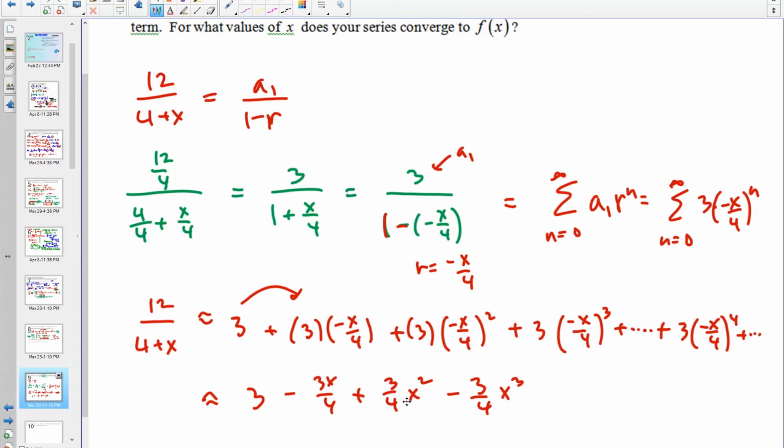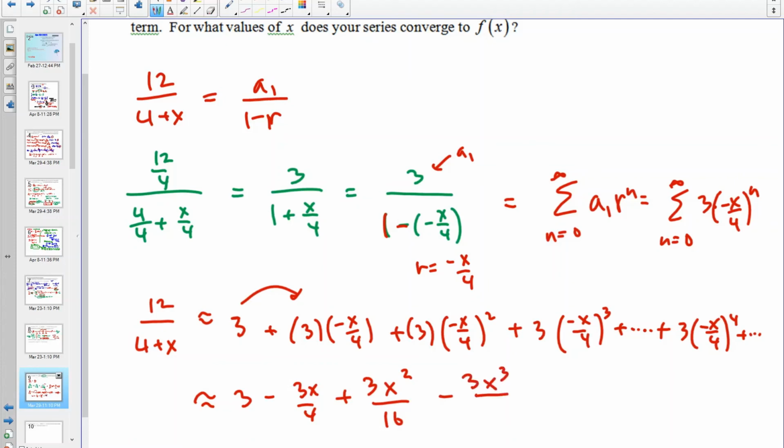This would be approximately equal to 3 minus 3x over 4. Negative x squared would be positive on top, and on bottom I have 4 squared, which is 16. On top here I'll have negative x cubed, so that's negative 3x cubed. On bottom I have 4 times 4 times 4, which is 64, and so on.